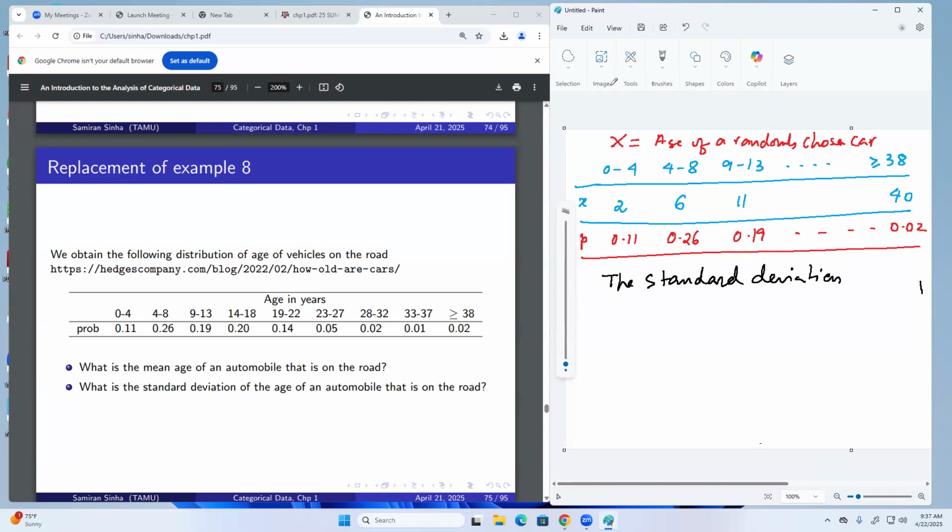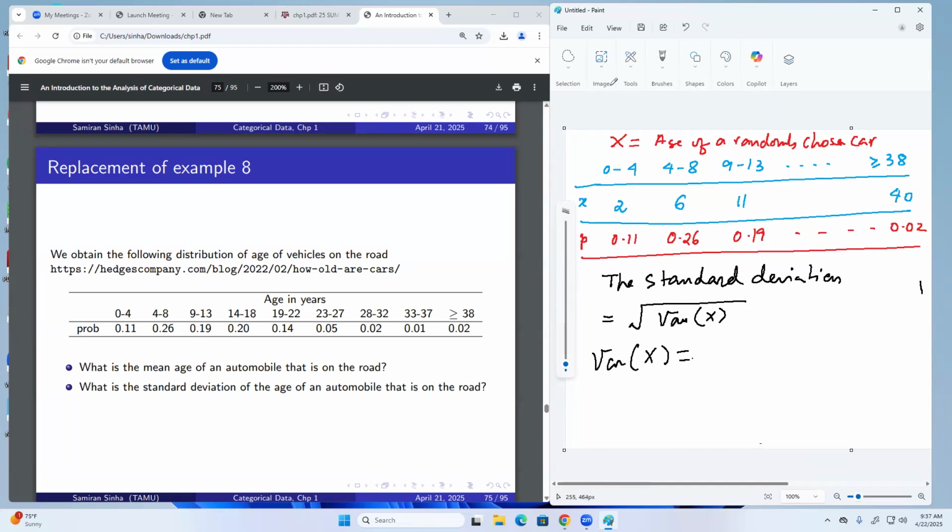Standard deviation is a measure of variability of a random variable. What is the random variable? X, age is the random variable here. Why? Because it changes from one car to another car that is on the road in year 2022. Standard deviation is the variability of age, and that is the square root of variance of x. What is the formula for the variance of a random variable?